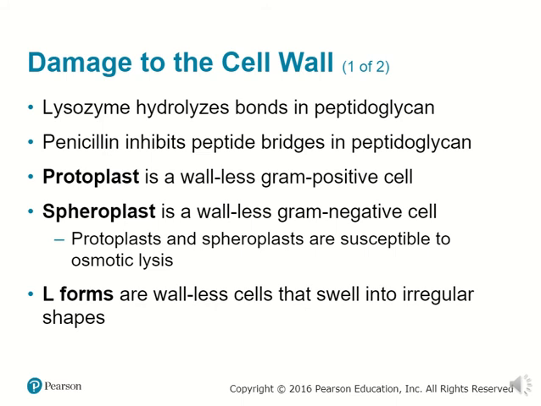Spheroplasts would be a wall-less gram-negative cell. Protoplasts and spheroplasts are susceptible to osmotic lysis after that cell wall has been removed. And then there are L forms, which are wall-less cells that swell into highly irregular shapes.